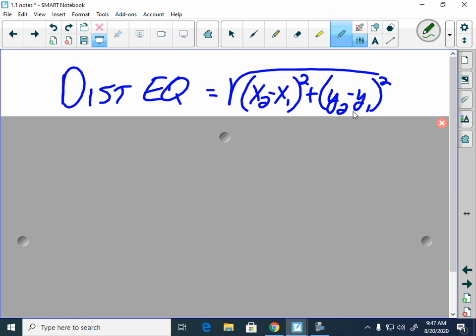But then some people learned that it doesn't matter which one x1 is and x2 is, or which one y1 is or y2 is, because you get the same answer if you were to take those two and flip them and those two and flip them, right? Kind of weird, but you're squaring it, so that gets rid of the extra negative that you would get normally if you would flip it. Okay, so that's the distance equation. I don't know. We'll do something with that.